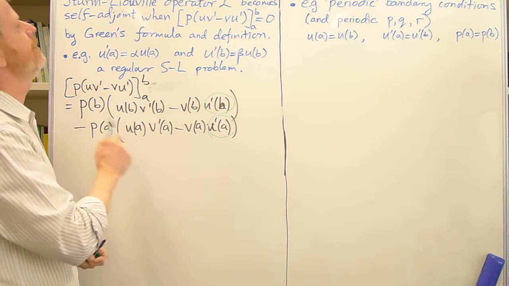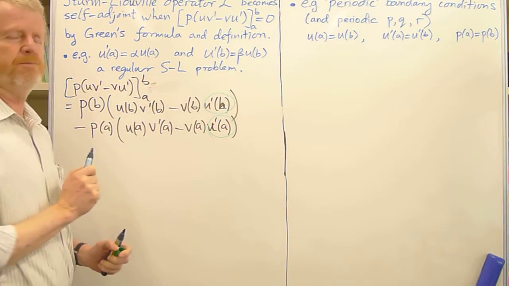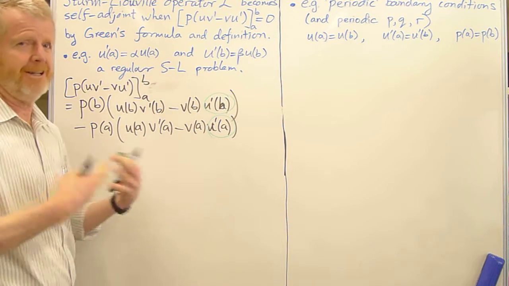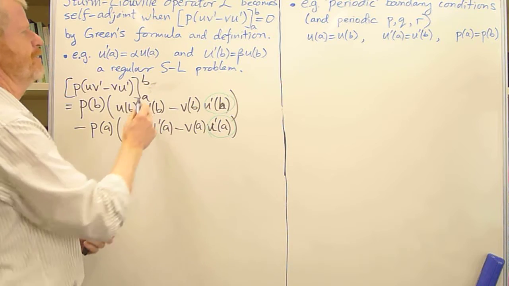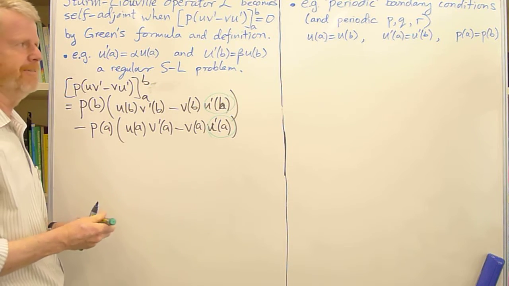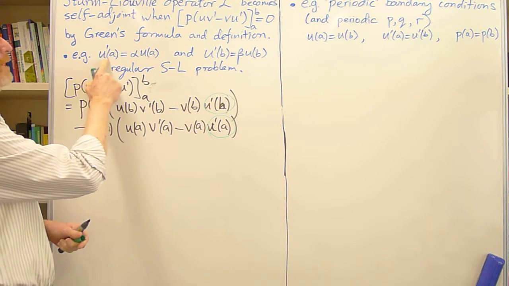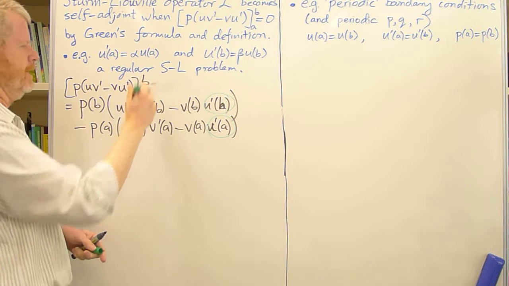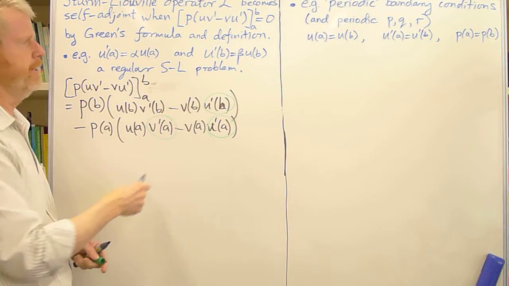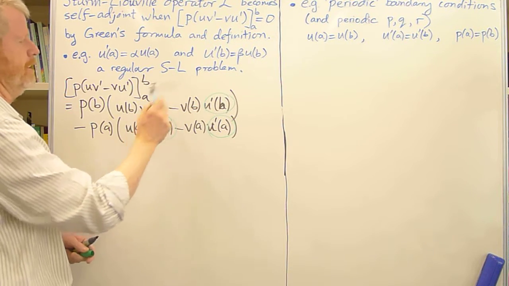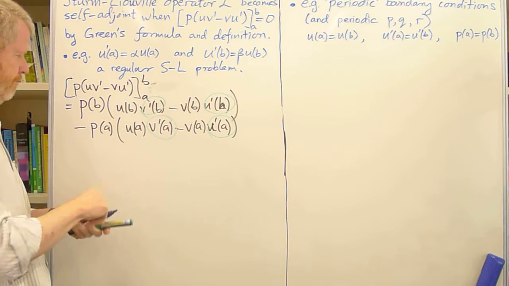So v must also satisfy these boundary conditions, because in order to derive Green's formula, we say L of v. So v has to satisfy the boundary conditions associated with L. So that means v dash of A is alpha v of A. We use that there. And v dash of B is beta v of B. And we use that there.